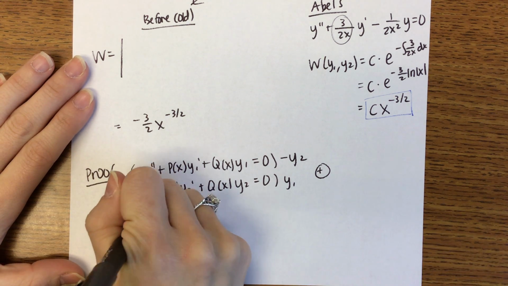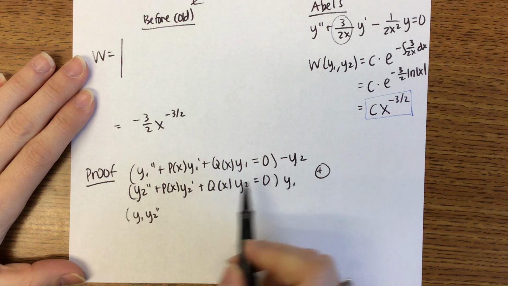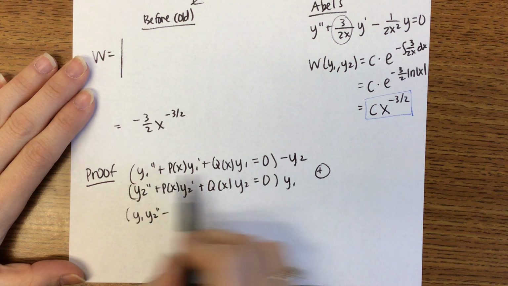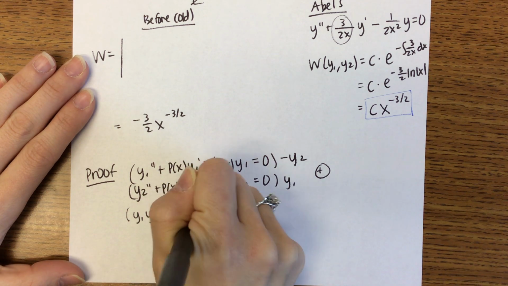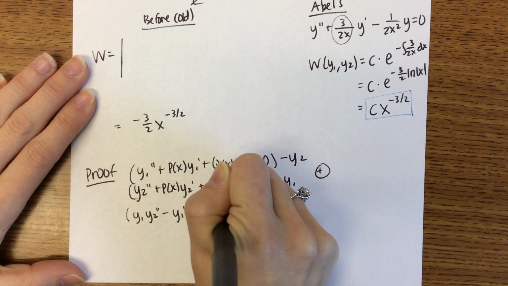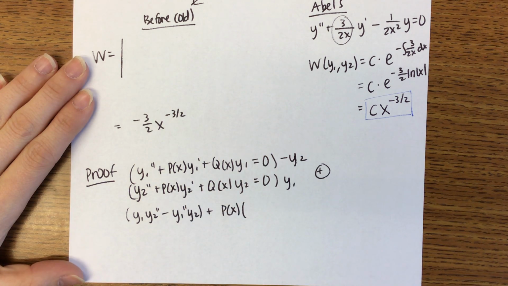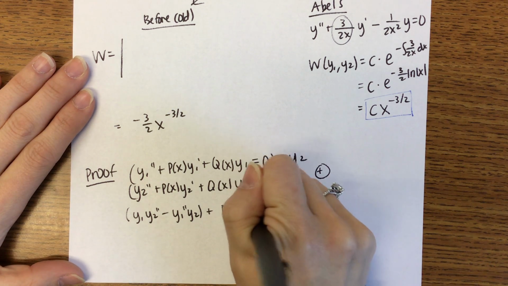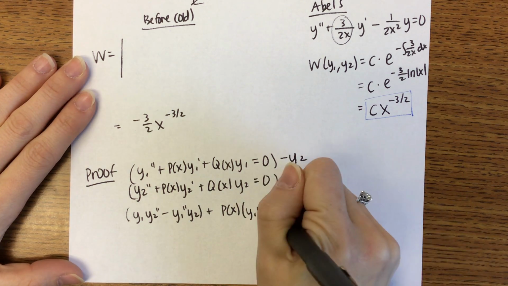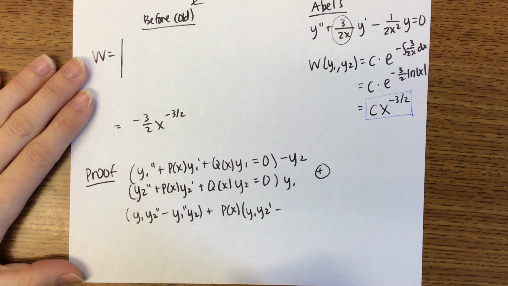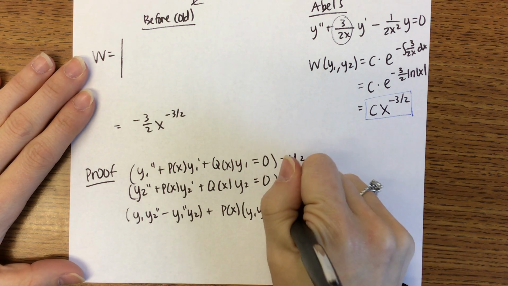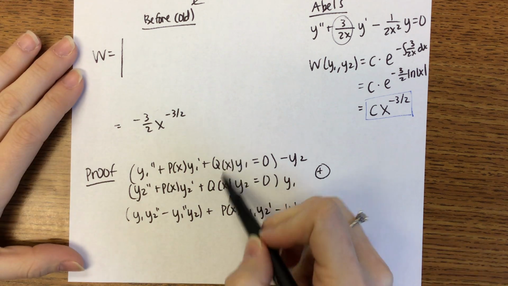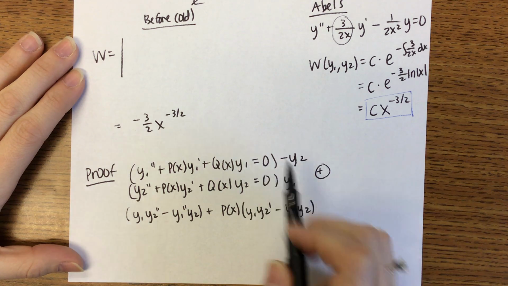Okay, so we're going to have y1, y2 double prime minus y1 double prime, y2 plus p of x times y1, y2 prime minus y1 prime, y2. And then you should see that these last terms are going to cancel each other out. So that term, they're the same.